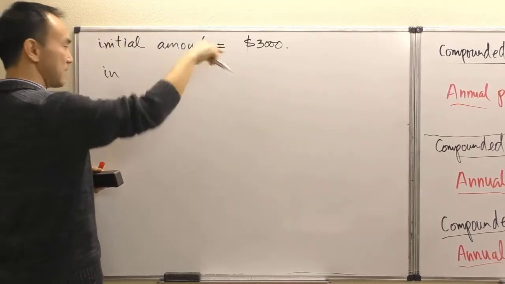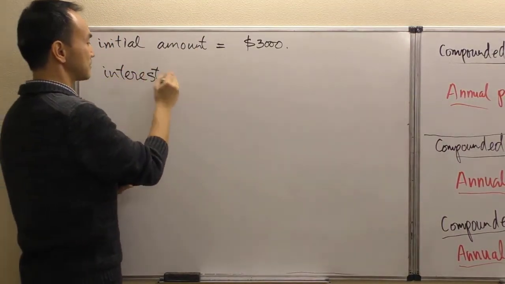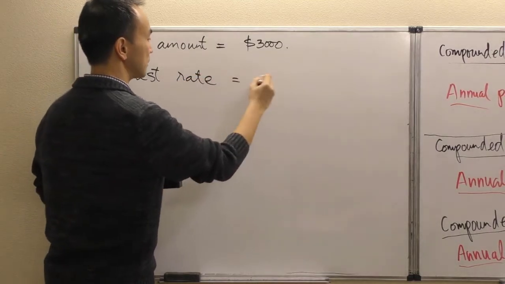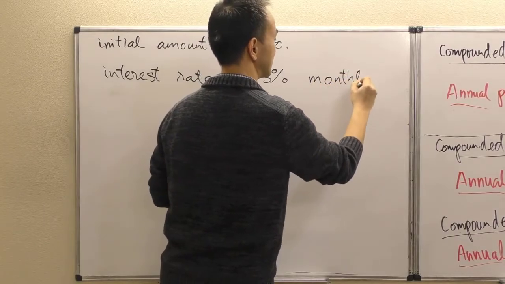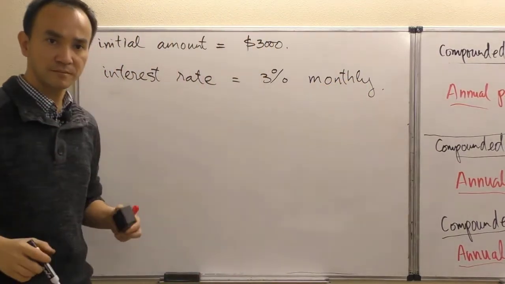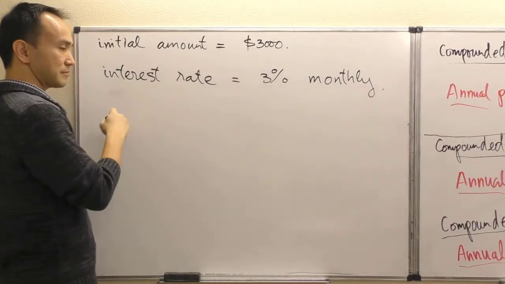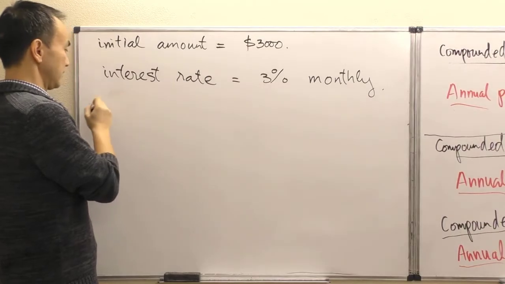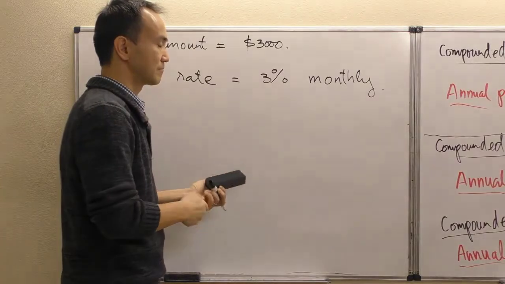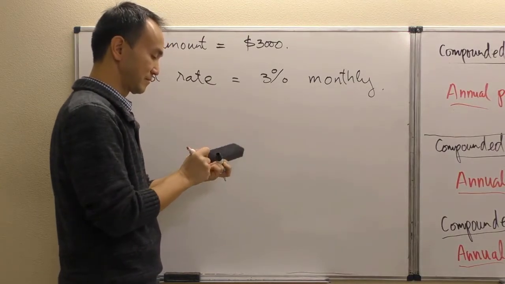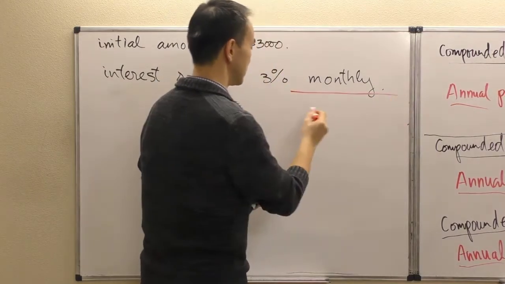So now the same initial amount right here, but allow me to use an interest rate still being 3%, but let's change that to 3% monthly. All right, the interest rate is 3% monthly, and that's all the information we have. Yes, monthly in this problem.